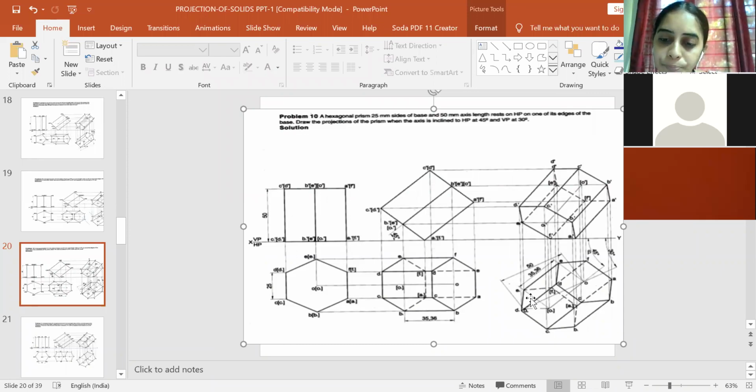So join here from E1 to E, from D1 to D, from C1 to C, and from B1 to B. So we have now shifted the second stage, a top view of the hexagonal prism, to the given inclination of the angle beta. So once this is done, our work now is to take the projections up.